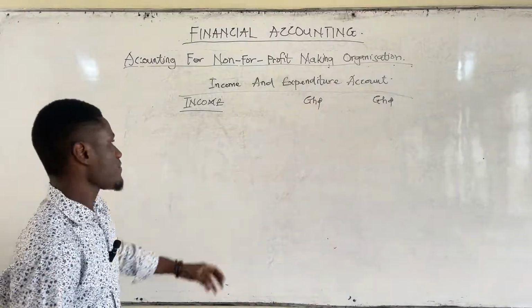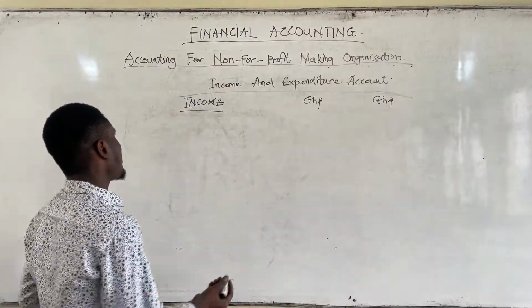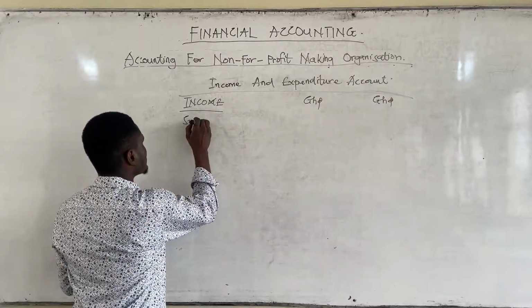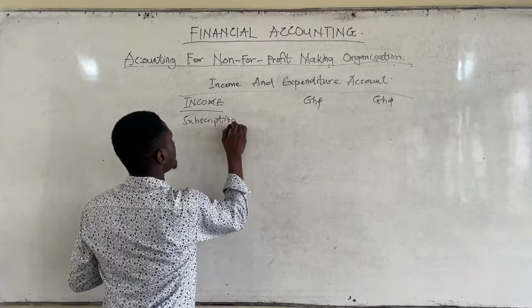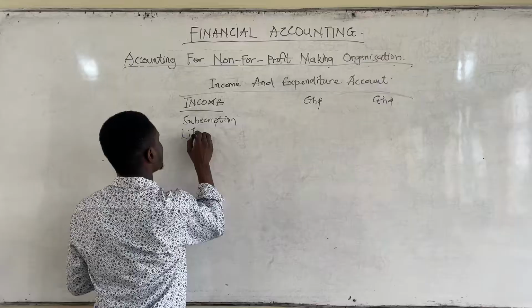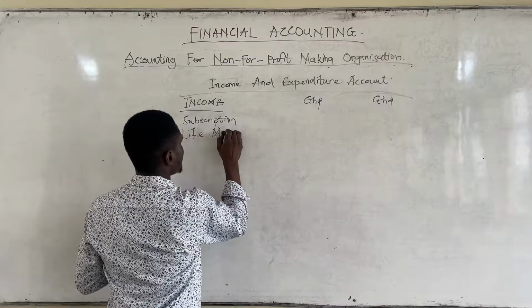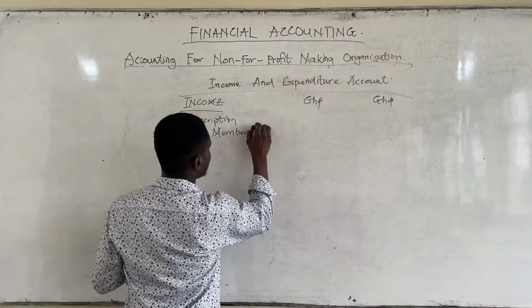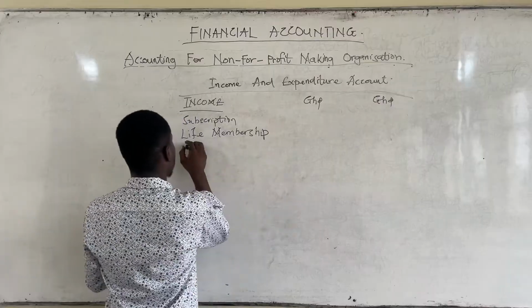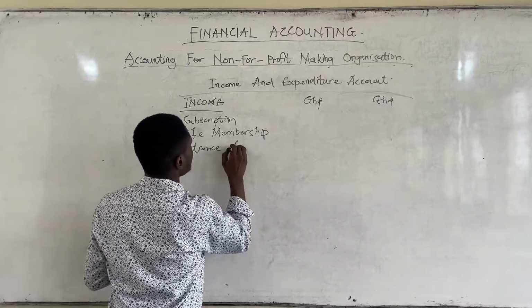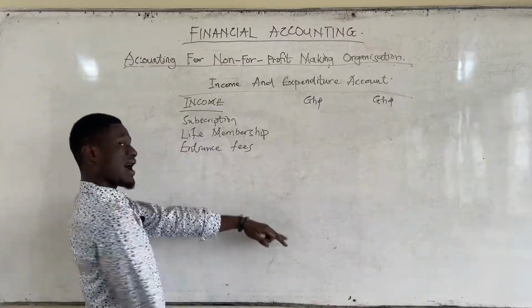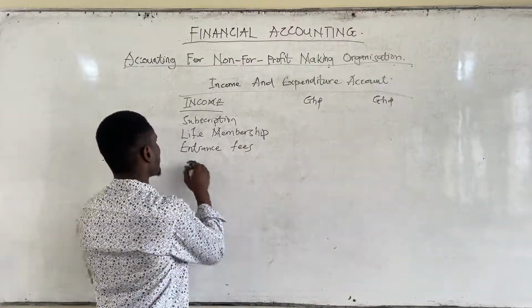If there are any incomes in the question, we'll record them here. And samples of the incomes we know are subscription, our life membership, our entrance fees, and our bar profits will also come.